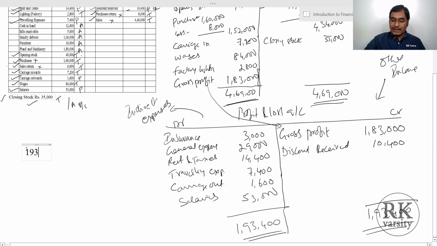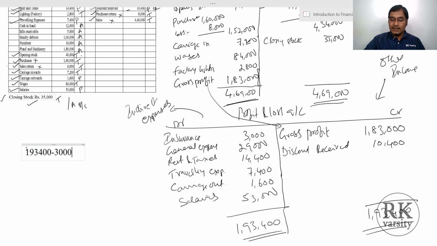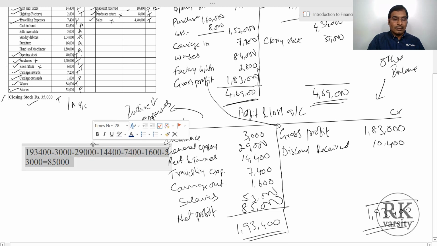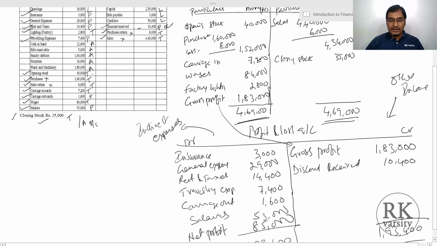So 1,93,400 minus 3,000 minus 29,000 minus 14,400 minus 7,400 minus 1,600 minus 53,000. So this gives you 85,000. So your net profit is 85,000. Now this net profit we show on the equity side of the balance sheet.